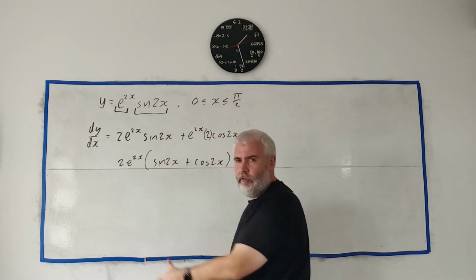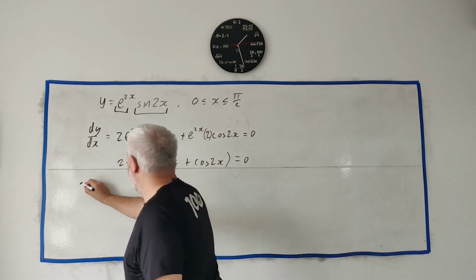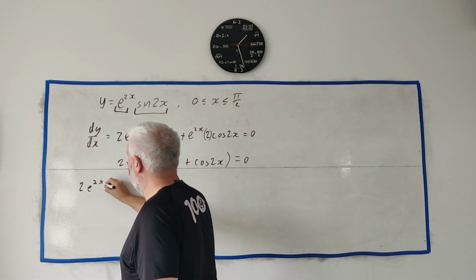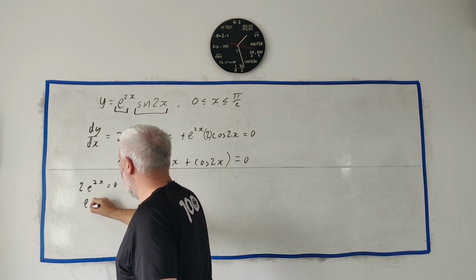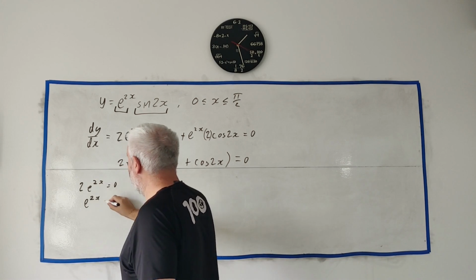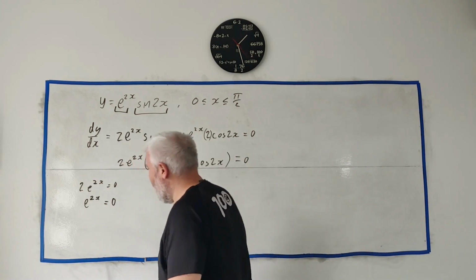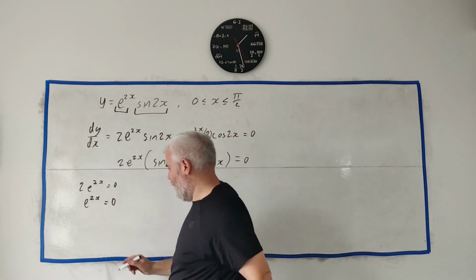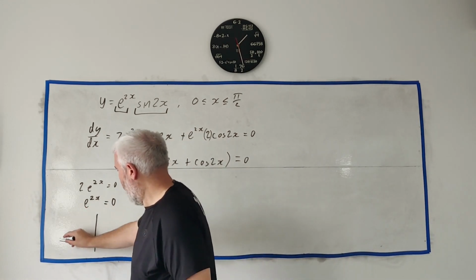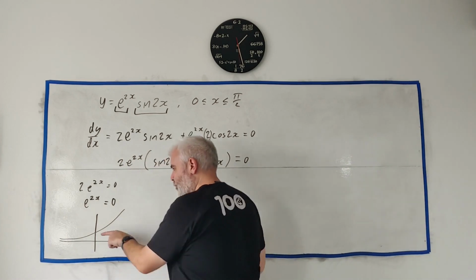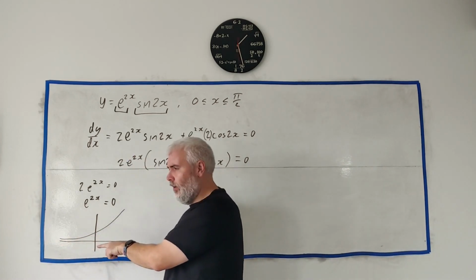Let me deal with this guy first because there's a problem with that. This tells me 2e to the power of 2x equals 0, and dividing both sides by 2, e to the 2x is equal to 0. There's a problem here. E to the power of something looks like this. It goes up something like this. It approaches 0 all the way down here.